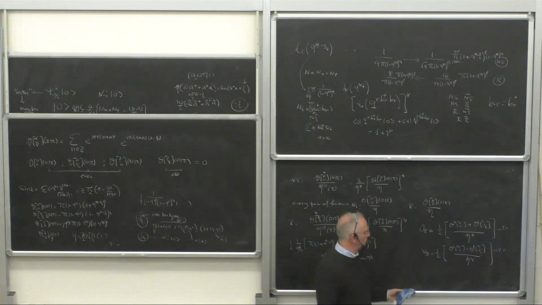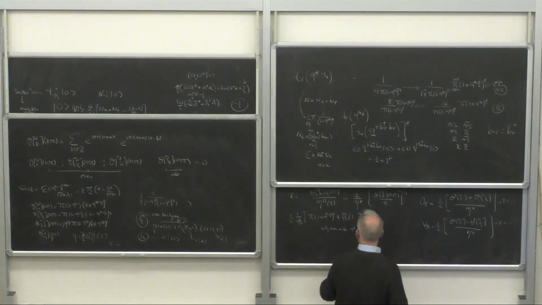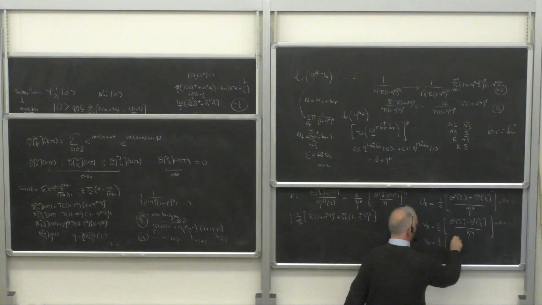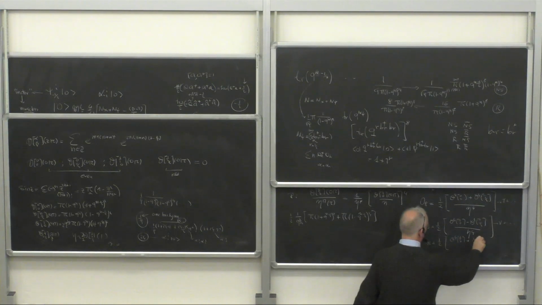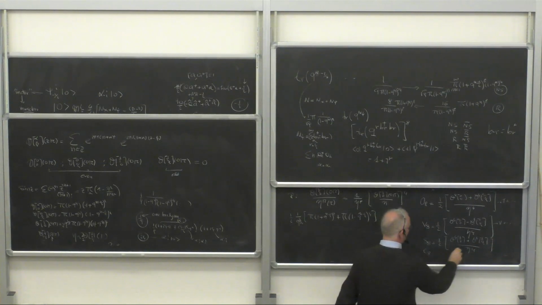There are two more combinations like this. And these combinations are called S8 and C8. And C8 is the same thing with a minus sign.